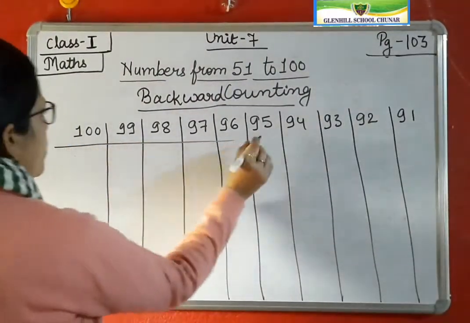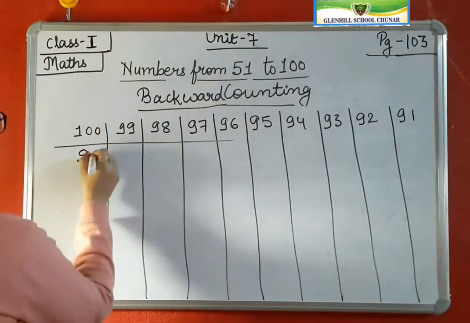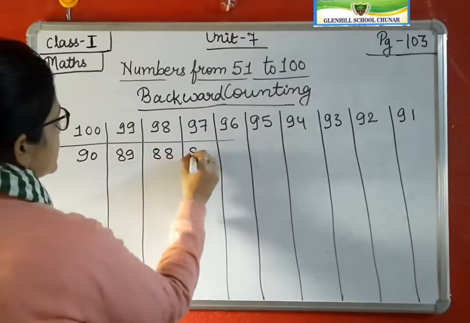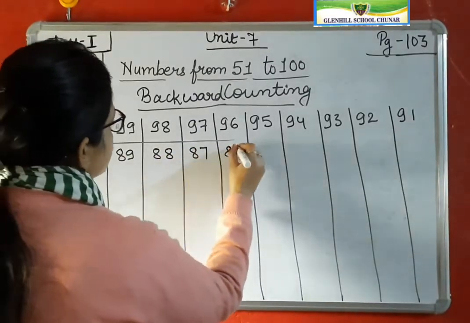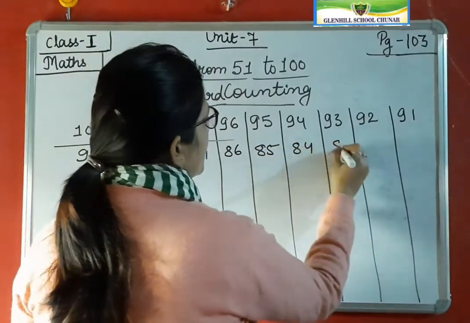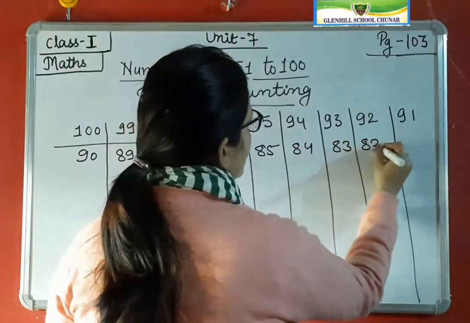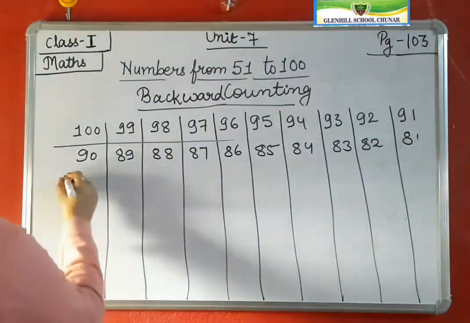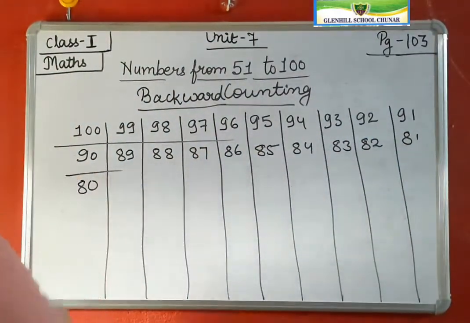After 91 is 90, then 89, 88, 87, 86, 85, 84, 83, 82, 81. Okay, so like this. After that will come 80.